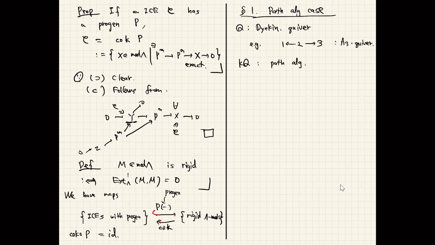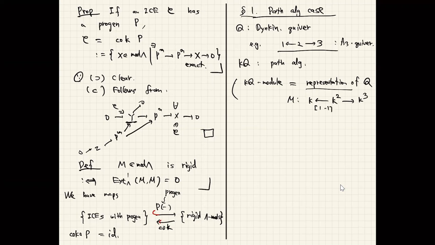It's well known that considering modules over a path algebra is equivalent to considering representations of the quiver Q. For example, a representation of this quiver is: for each vertex we put some vector space, and for each arrow we put some linear map.